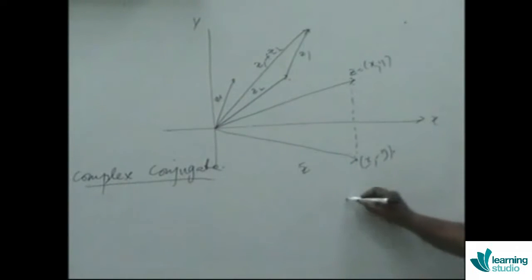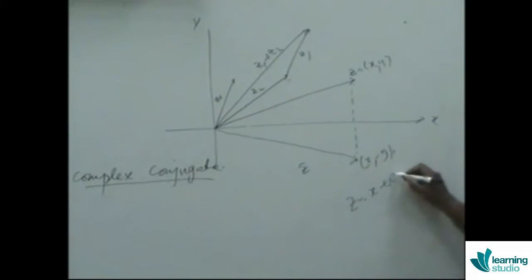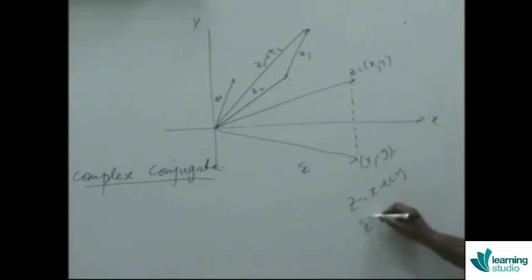So if z is equal to x plus iota y, then its conjugate is x minus iota y. This is the conjugate. So what we are doing here, to find the conjugate, is just change the sign of the imaginary part. For example, if we have 1 plus 2 iota, then its conjugate is 1 minus 2 iota.